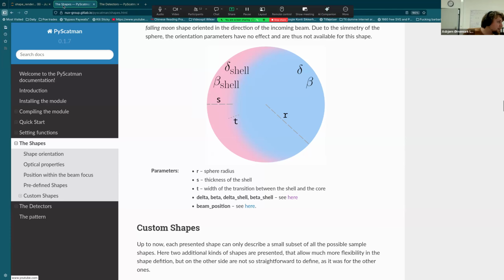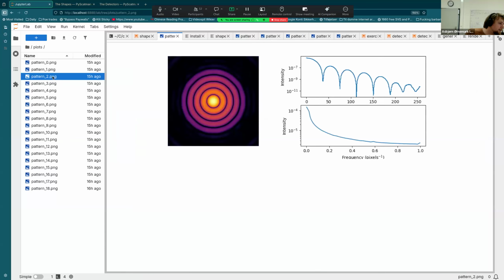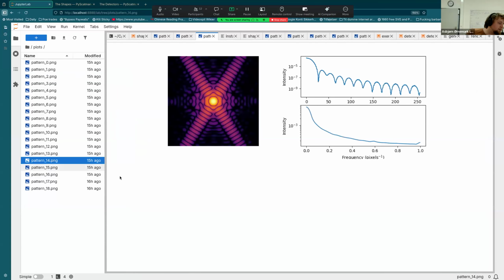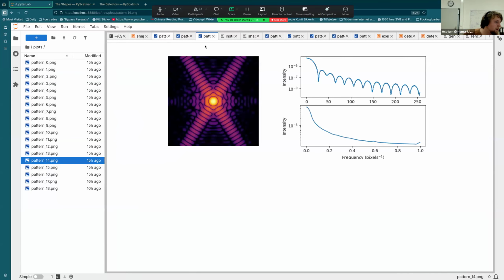I showed off a couple of these. Actually, I only showed off the boring ones, which are just these guys. We can take one of these. I think this one is more interesting, probably. This is using one of the shapes from this shape library.